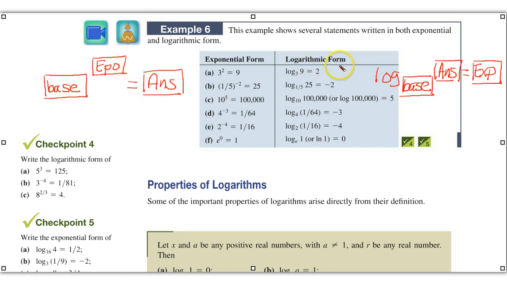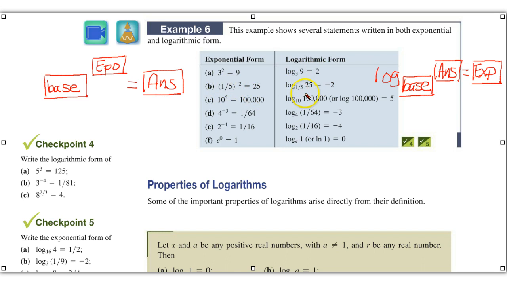And in the logarithmic form we have the log of a base of an answer equals the exponent. So here it works out very well. 3 to the second equals 9. Log base 3 of 9 is 2.